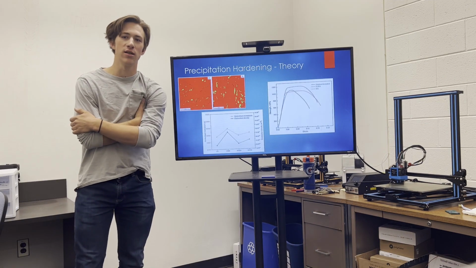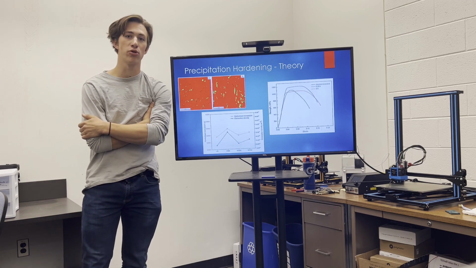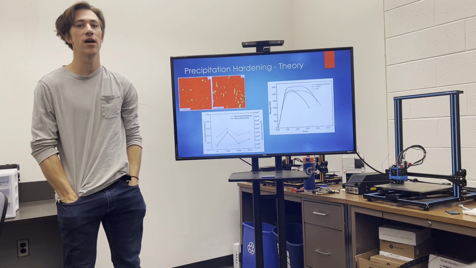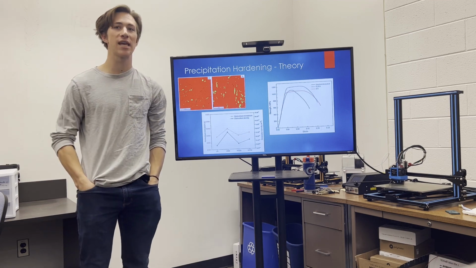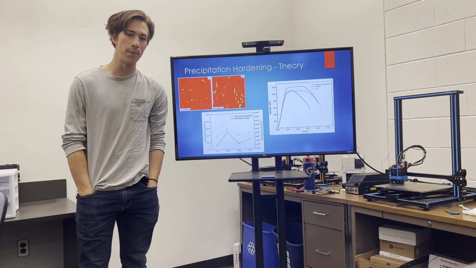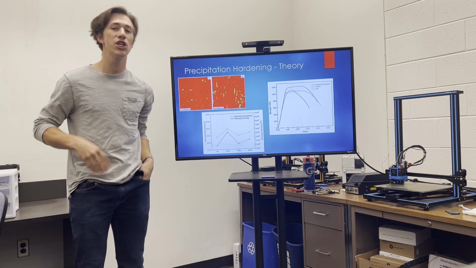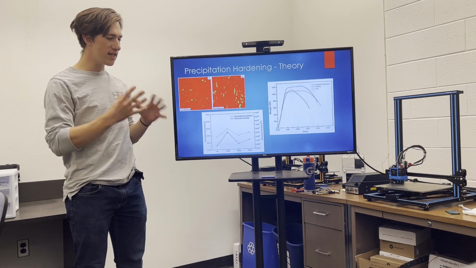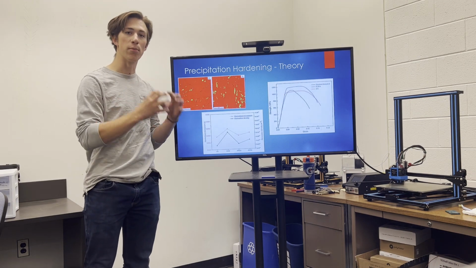So this type of steel is named for its ability to be precipitation hardened. Precipitation hardening is a phenomenon that takes advantage of the complex chemical composition of the steel. As the steel is initially going through its solution annealing process, we see the steel structure turn into something called martensite.